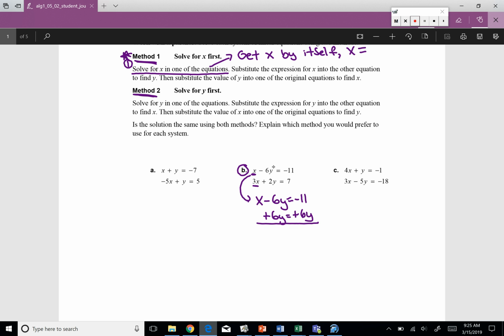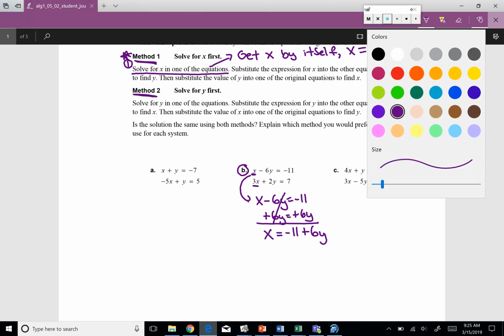Negative 6y, positive 6y, they're going to simplify for me. On the left side, I have just x, and I have equals. Now on the right side, I have a negative 11 and a 6y. The negative 11 does not have a y, so I cannot combine it with the 6y. Those are not like terms. So that's all I can do. So that is what is meant by step number 1. Step number 1 said get x by itself.